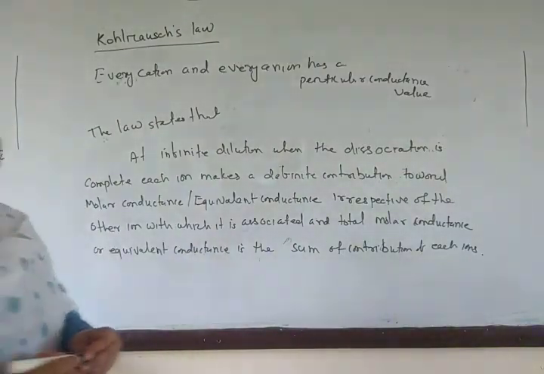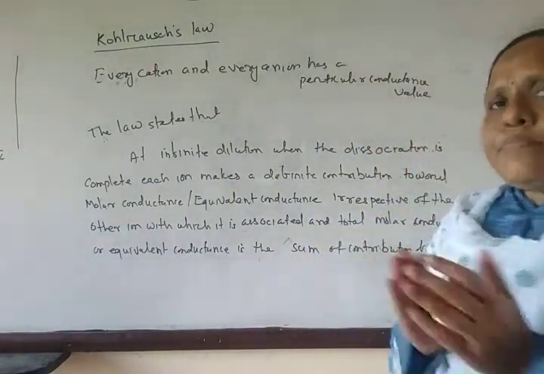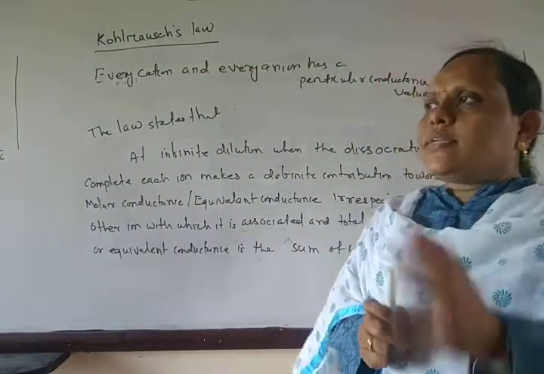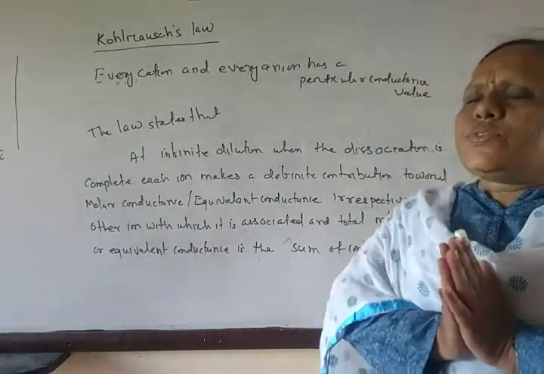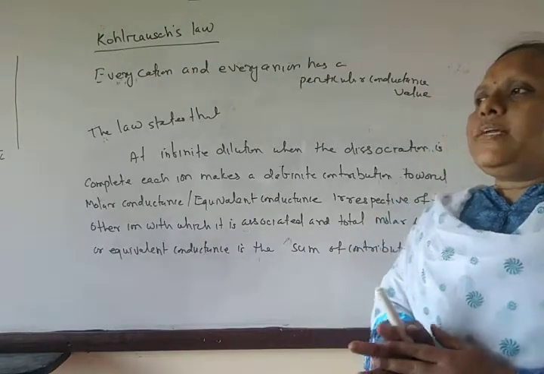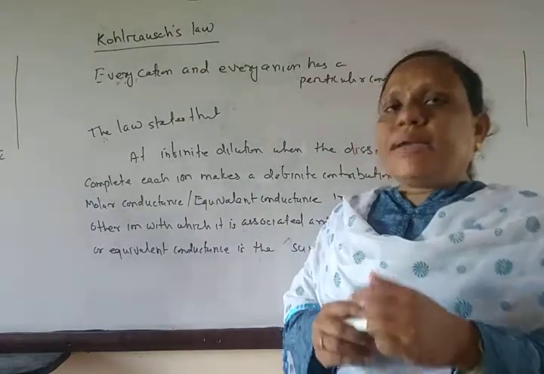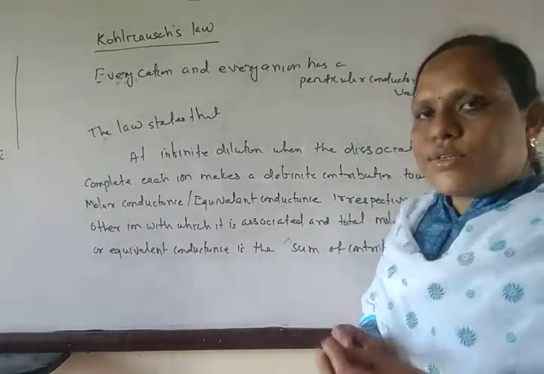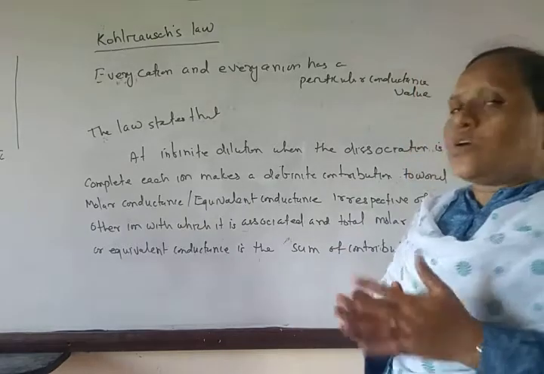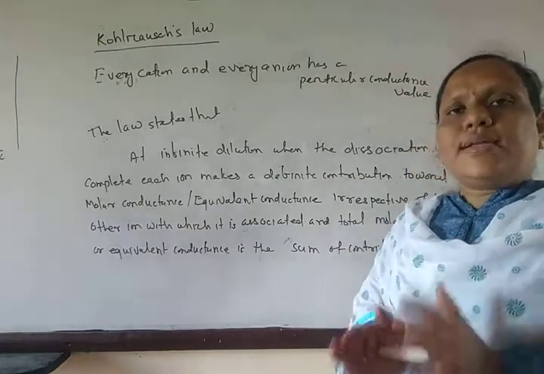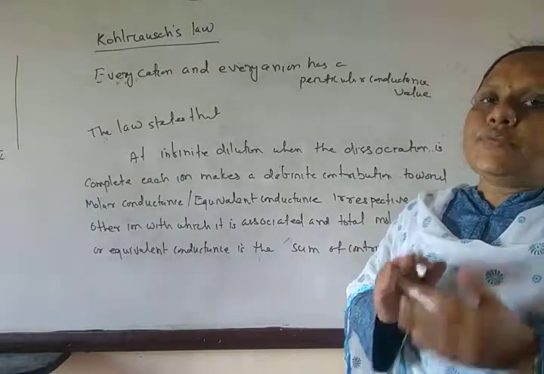Okay. So at infinite dilution, that is called limiting molar conductivity. At infinite dilution means when the dissociation is complete. That means the concentration approaches zero. So at infinite dilution, when the concentration approaches zero, complete dissociation of the electrolyte takes place, whether it is a strong electrolyte or a weak electrolyte.